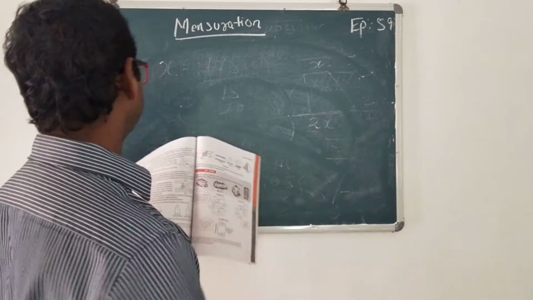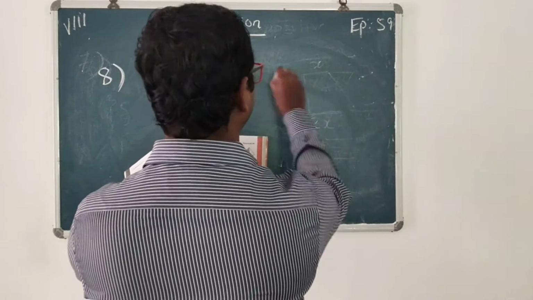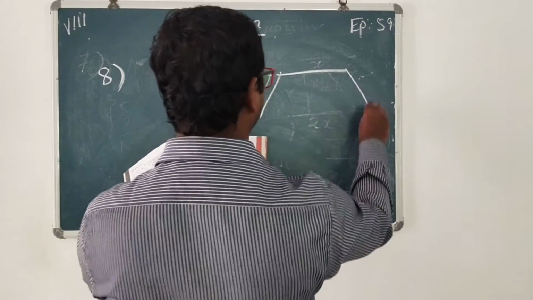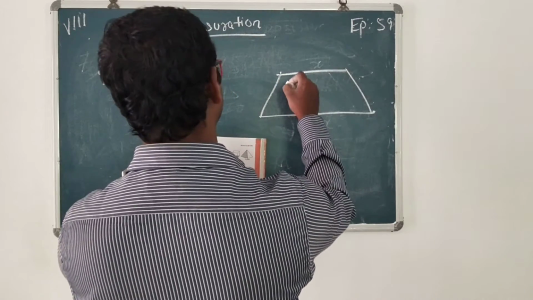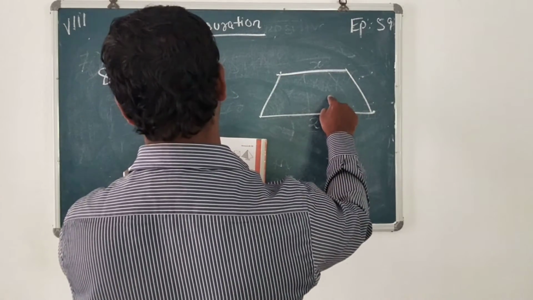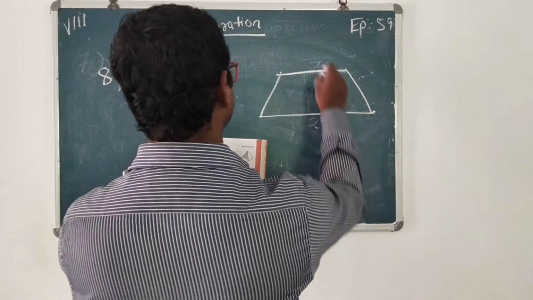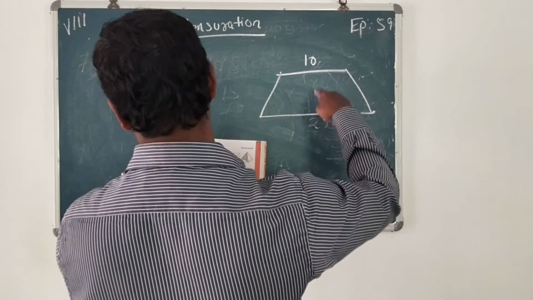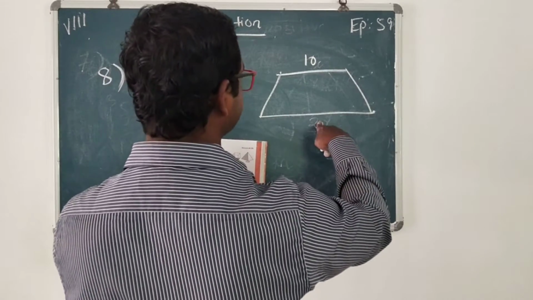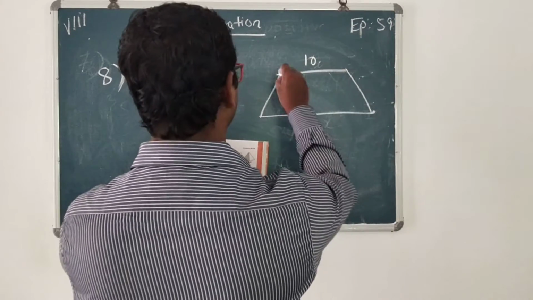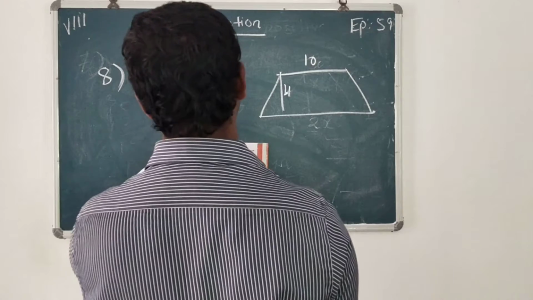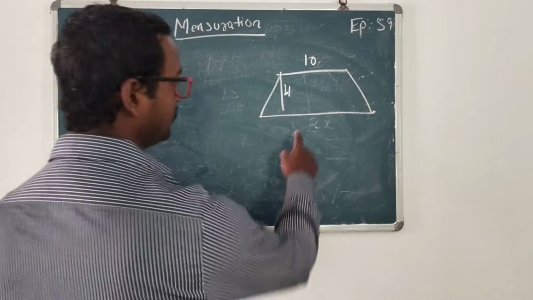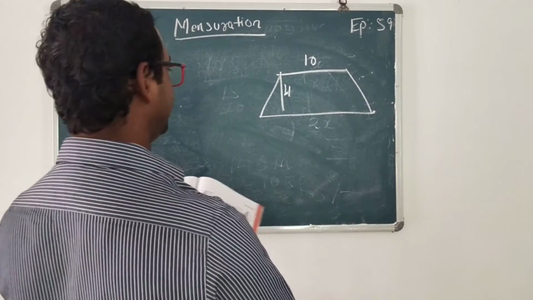See here in the figure, area of the trapezium is 34 centimeter square, and length of one of the parallel sides you can take as 10, no problem. Height is 4 centimeter. Find the length of the other parallel side. So it is asking about the other parallel side, and the area is 34 centimeter square.